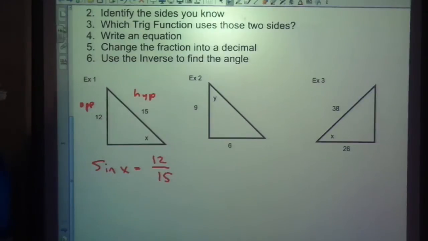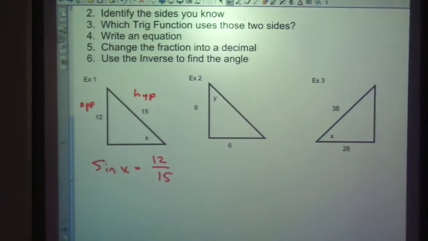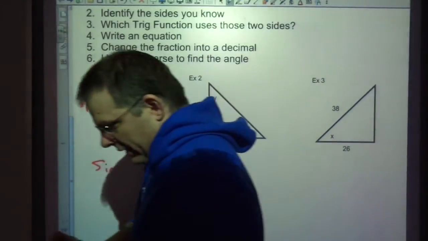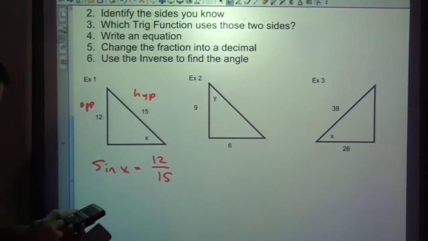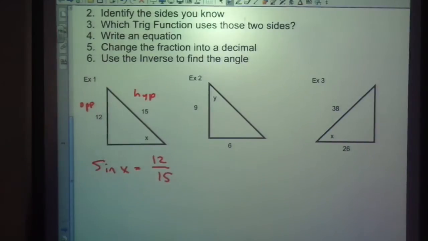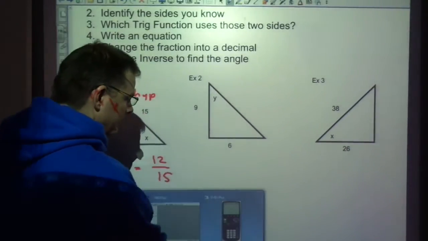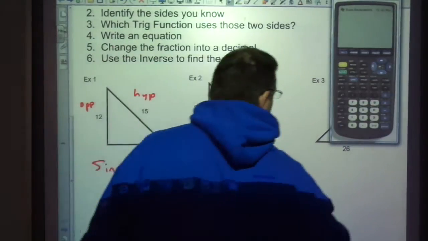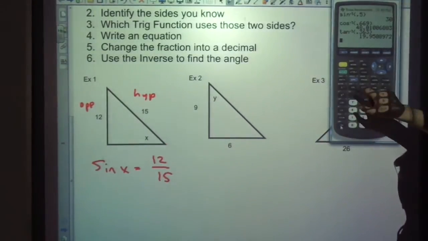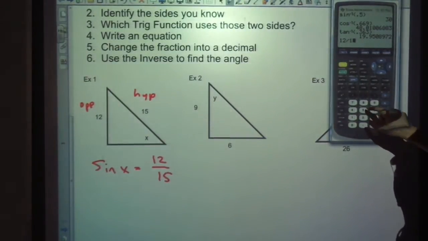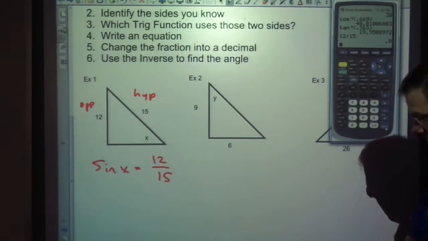Now what I need to do is get my calculator. I'm going to punch up 12 divided by 15. That's 0.8.